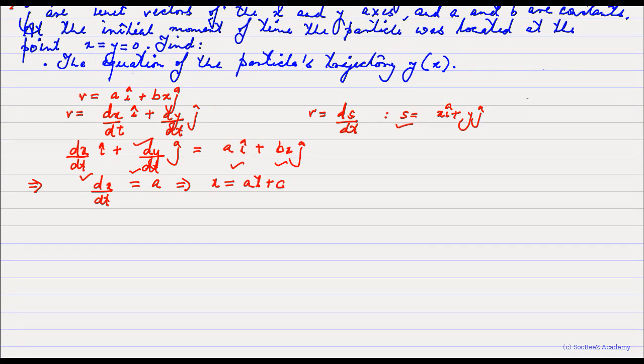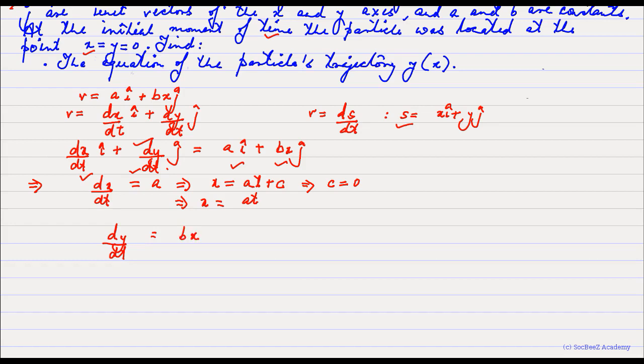Now I know that at the initial point the particle was located at x equals 0, so this would imply c equals 0, so I can write x as at.